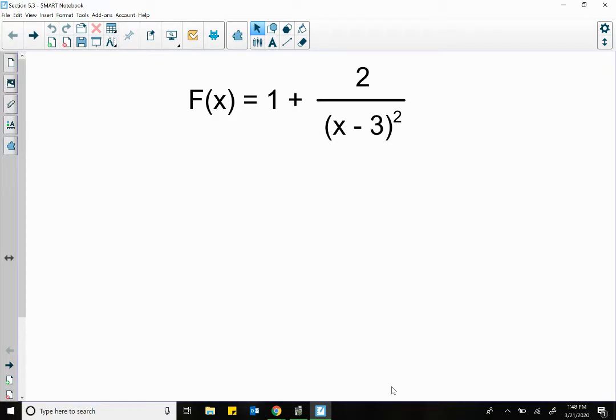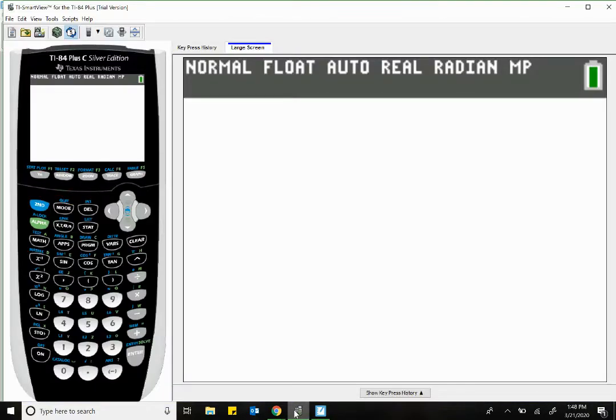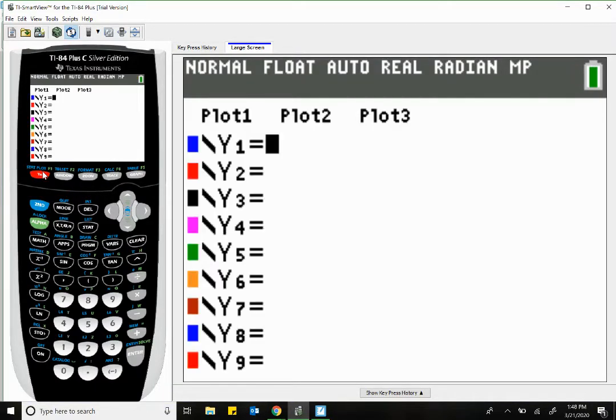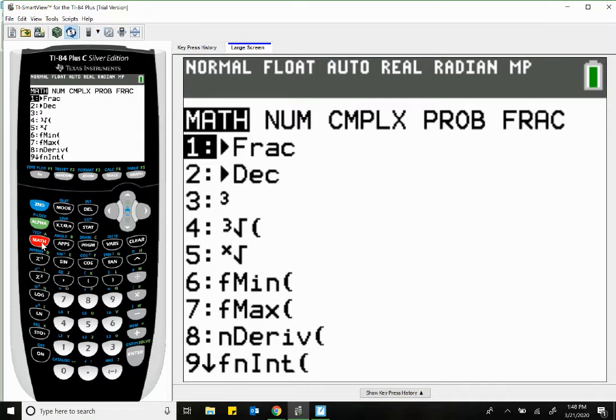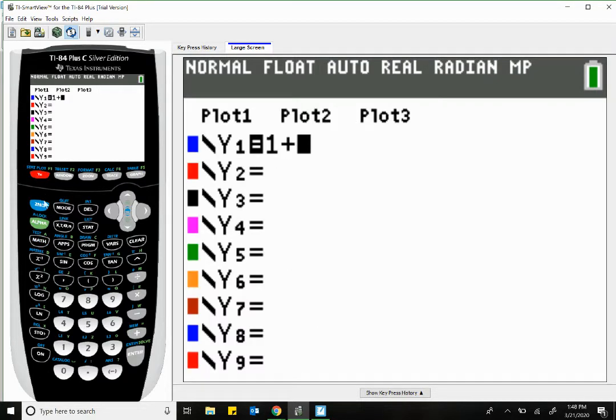Okay. So with that being said, we're going to take this and put it in our calculator, because the very first thing is it wants you to recognize a picture of this. Oops, we don't need math. Silly me.